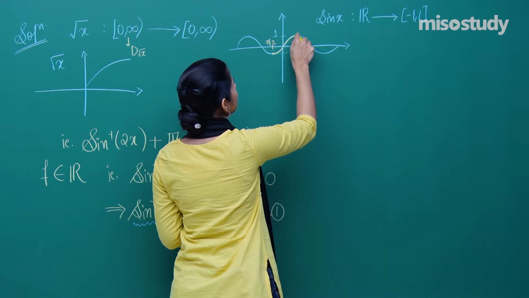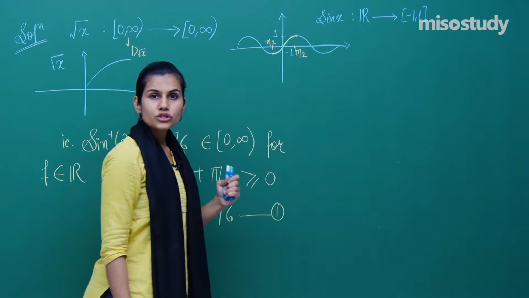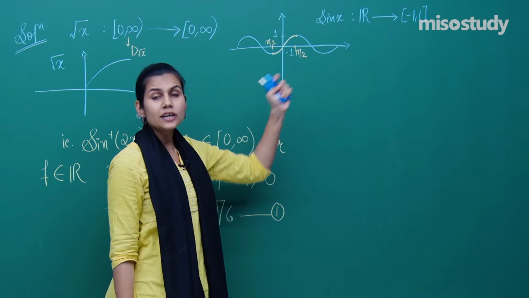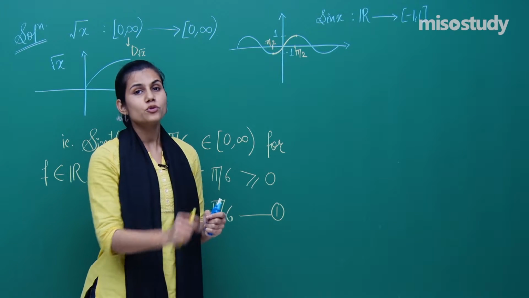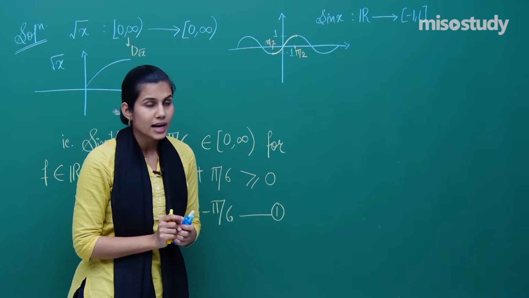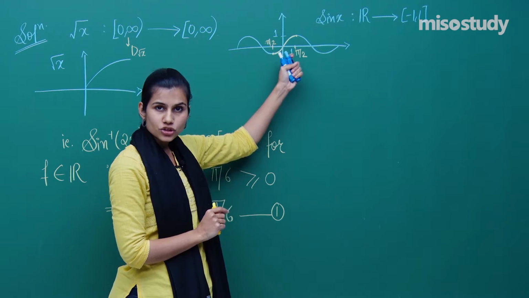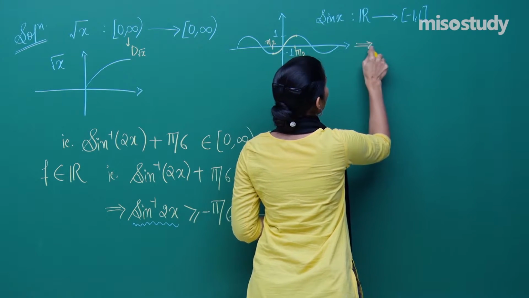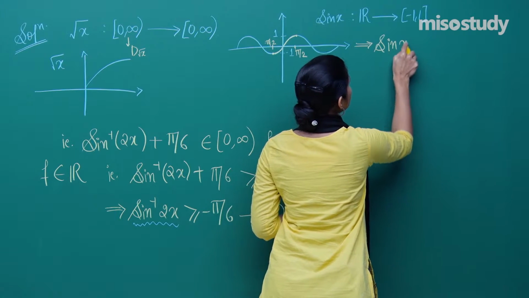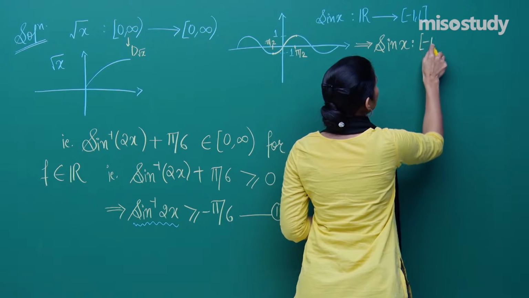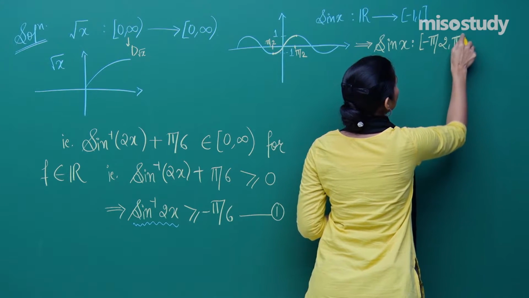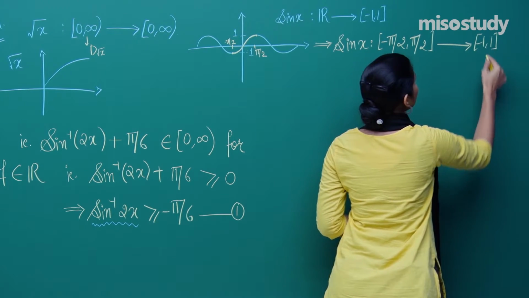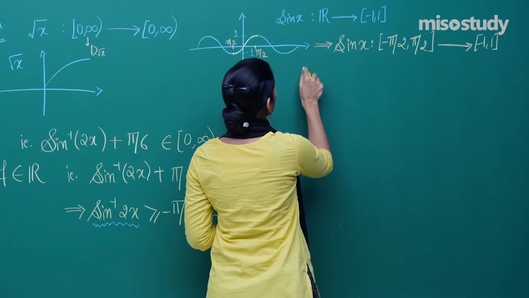If you just consider this graph drawn corresponding to minus pi by 2, pi by 2, it is an increasing function's graph, and therefore any horizontal line will intersect this yellow portion only once. That is why I say that sine x from minus pi by 2, pi by 2 to minus 1, 1 is both 1-1 and onto.